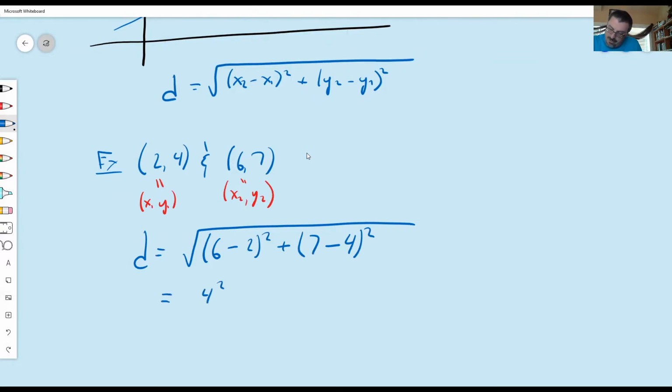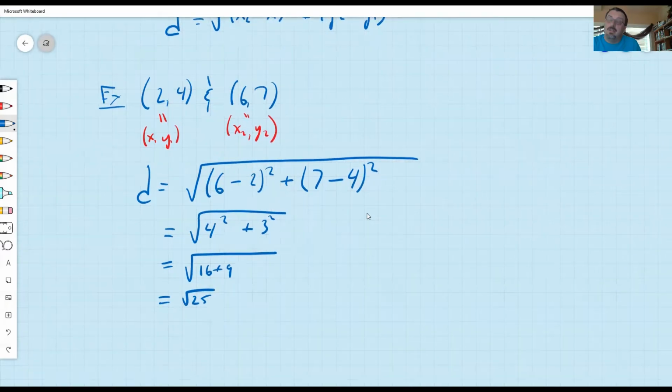So 4 squared plus 3 squared. Remember, simplify the inside before you take the square root, so it's going to be 16 plus 9, the square root of 25, which is a distance of 5.